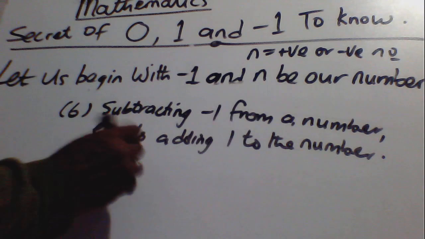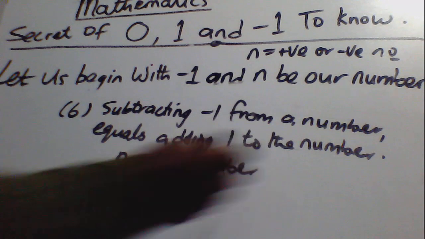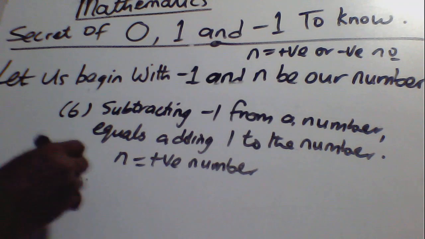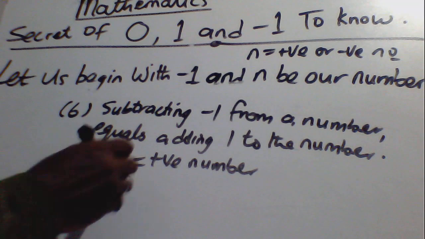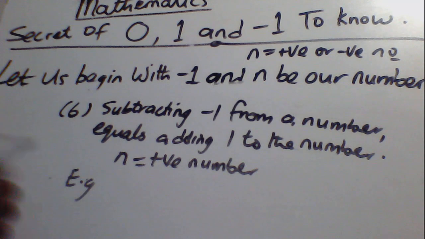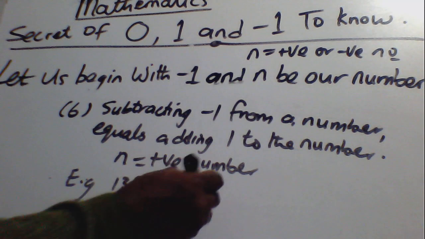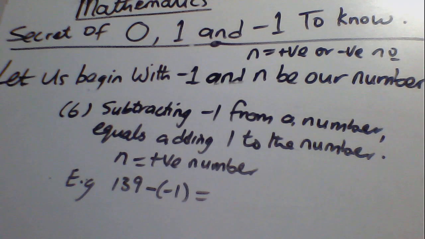So in this case, n is equal to a positive number. The example we have here is 139 minus 1. You read the statement and understand it: subtracting minus 1 from a number equals adding 1 to the number.